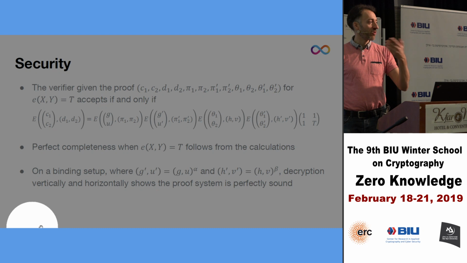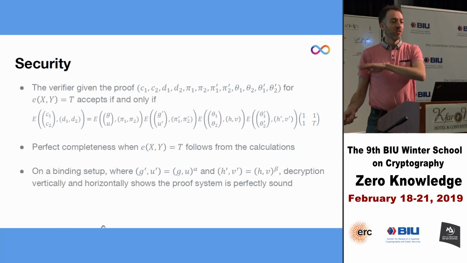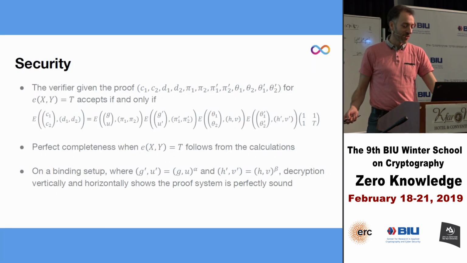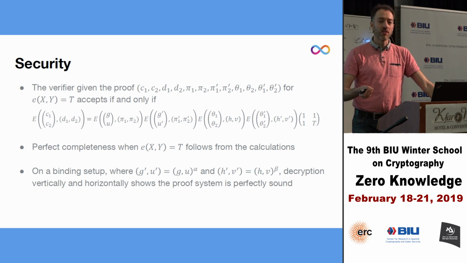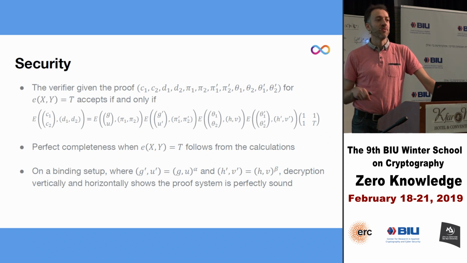Just plug everything else into it. It works out. So after a lot of math, you will see that we do actually have perfect completeness. If the prover is honest and the pairing of X with Y is really T, then the prover can convince the verifier with 100% probability.